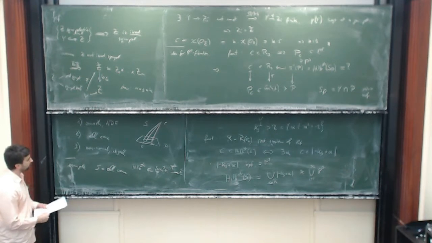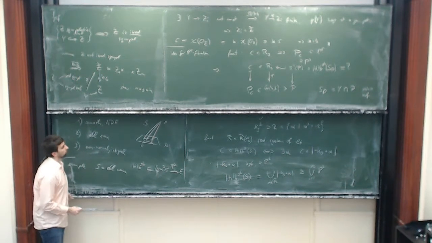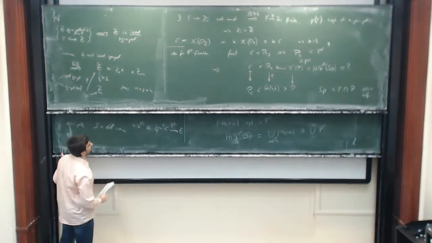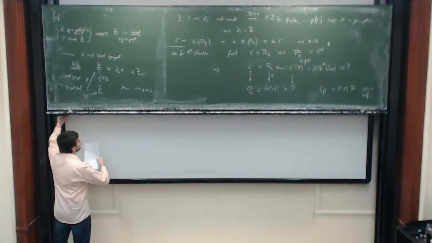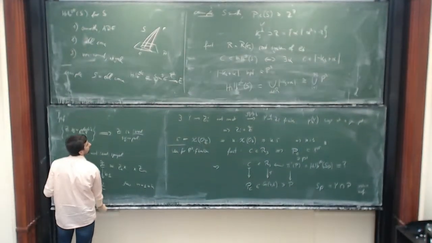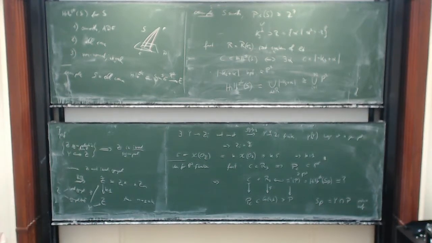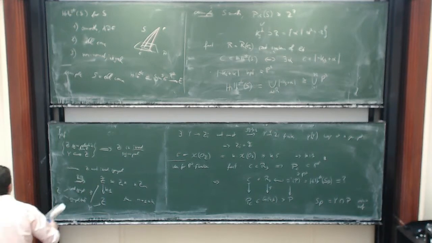However, this example shows that it's somehow difficult to construct the P2 fibration abstractly by hand.